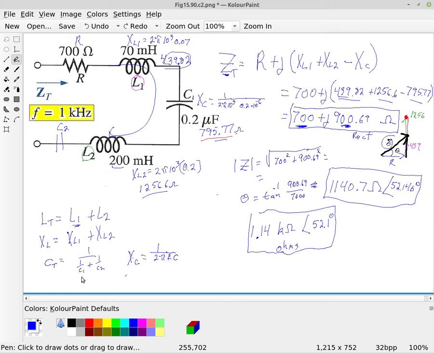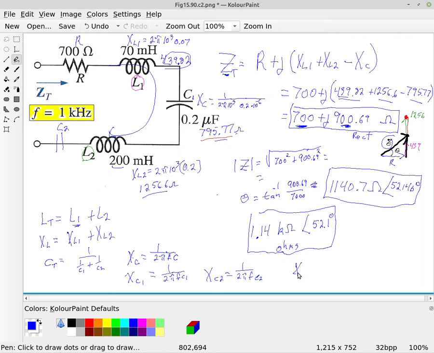So if I calculate X of C1, that would be 1 over 2 pi F C1. And then if I calculated X of C2, that would be 1 over 2 pi F C2. And so we would actually end up simply adding those together.